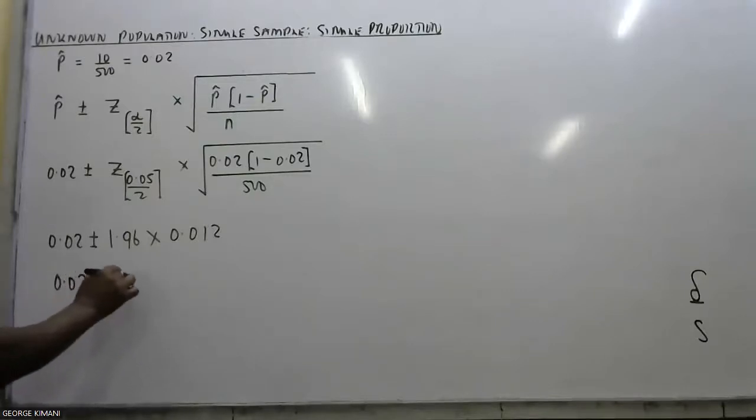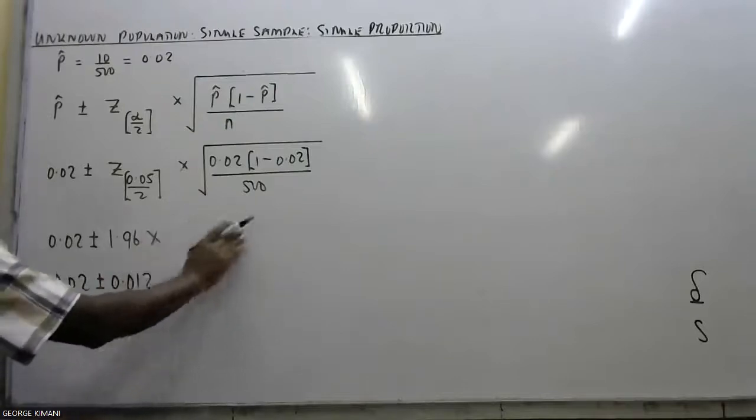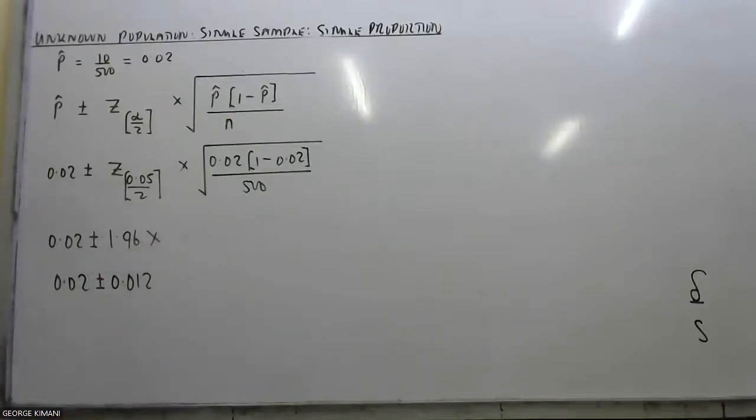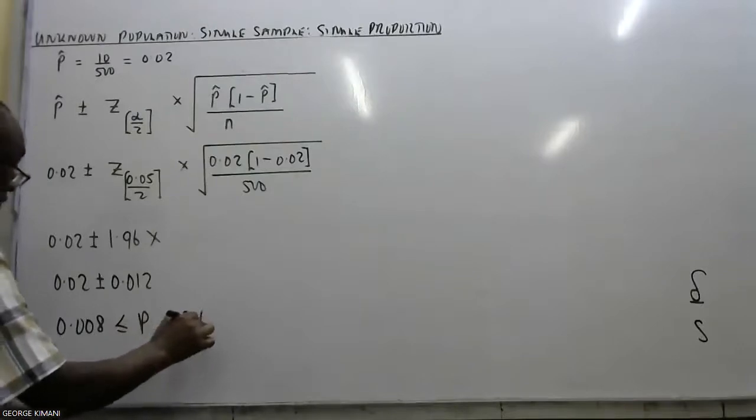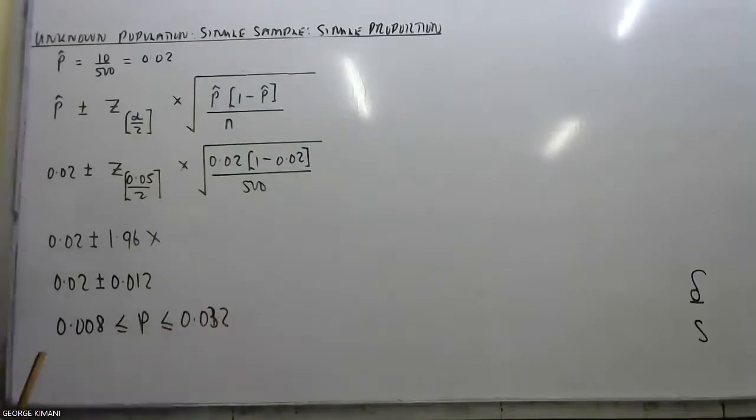So when you multiply by 1.96, check whether it's giving you 0.012. So subtract: 0.008. And add: 0.032.